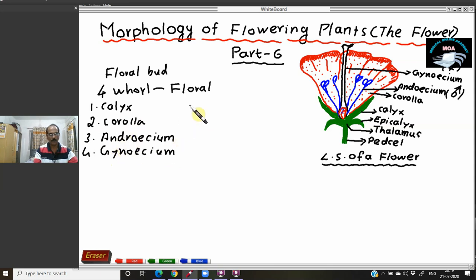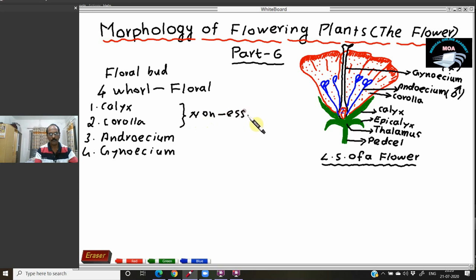Then see, out of the four whorls, two whorls, the calyx and the corolla, are not essentially necessary. If they are not there, the flower can still do reproduction. So the calyx and corolla are known as the non-essential whorls.